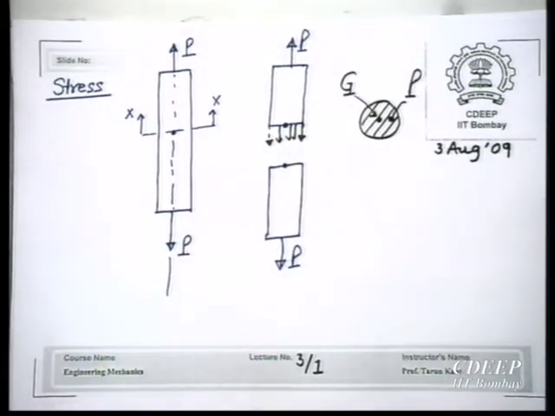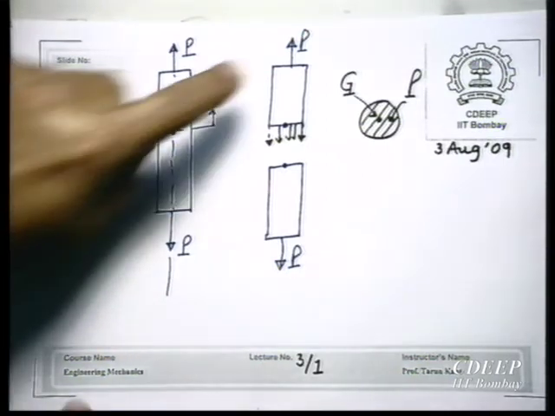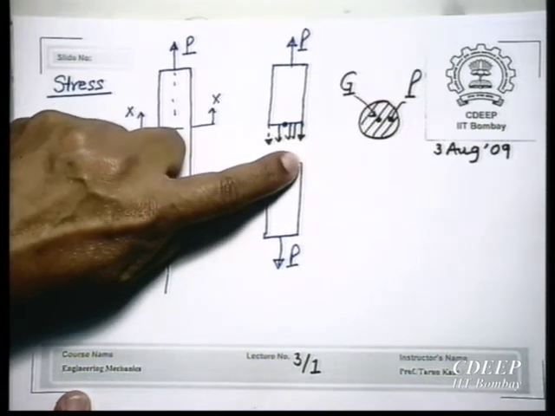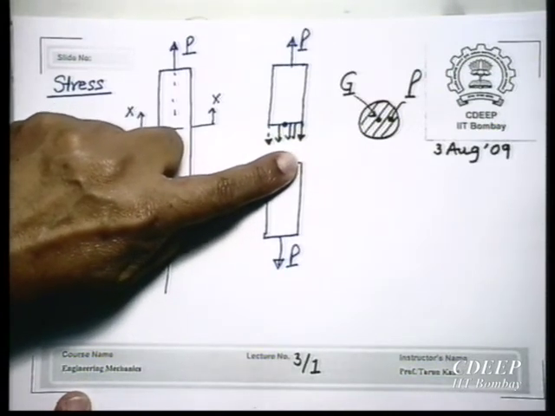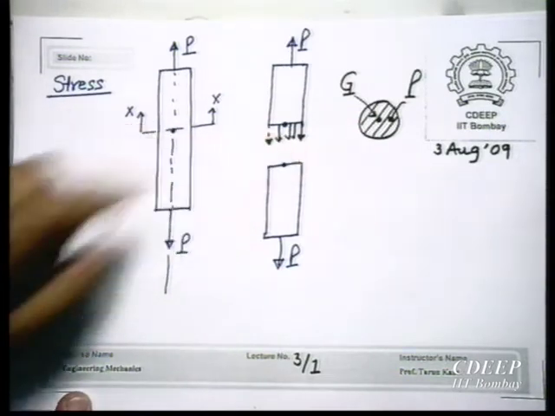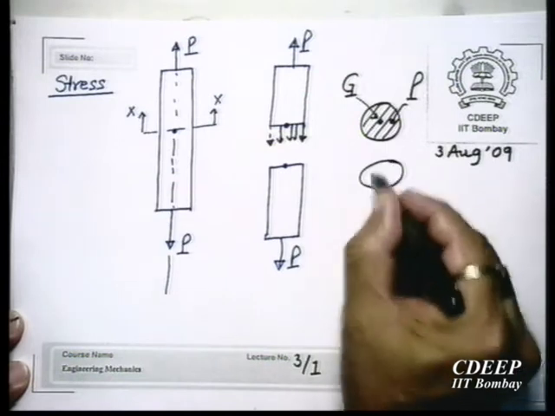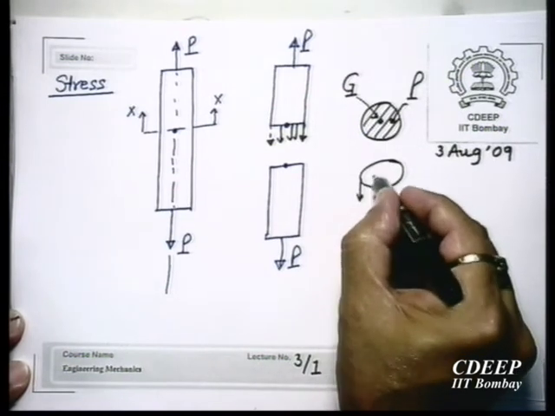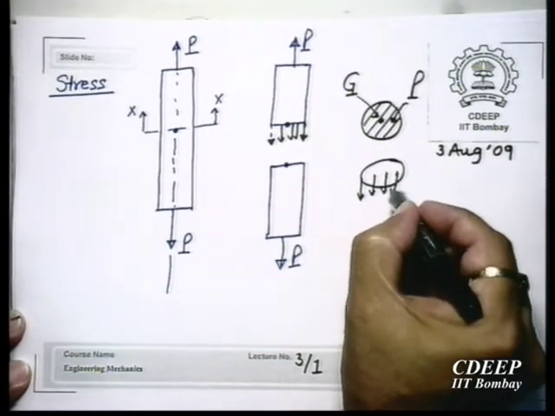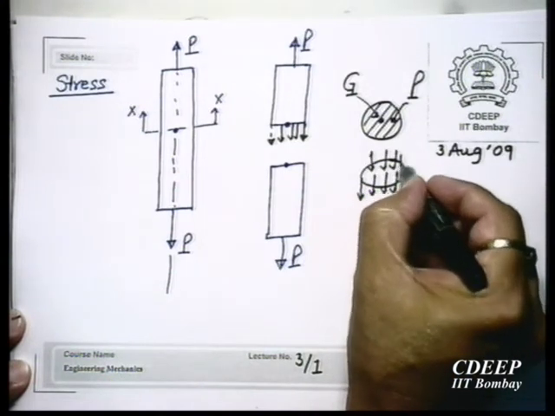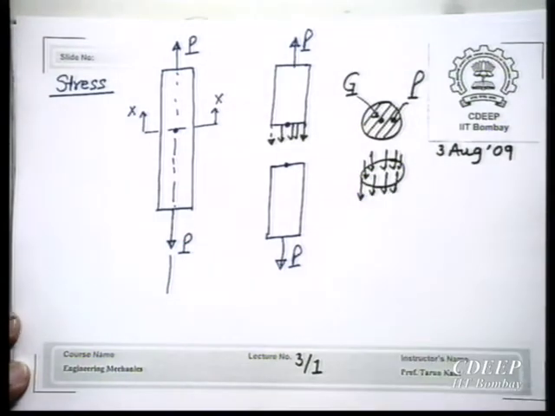So, the second assumption that we have made is that this load be resisted by an internal set of forces which is uniform over the entire cross section, over each and every point.